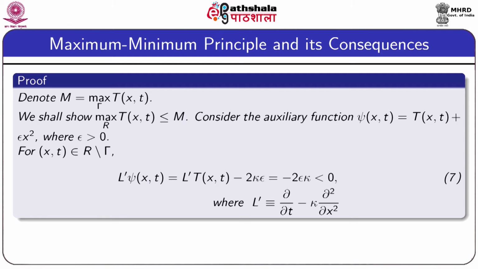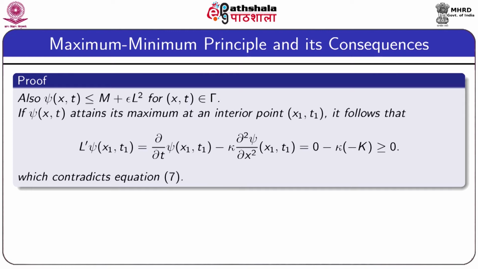Equation 7 says that for any (x, t) belonging to R minus Γ, L'ψ is less than 0, whereas the last equation in this slide shows that L'ψ is greater than or equal to 0. So, this is a contradiction.